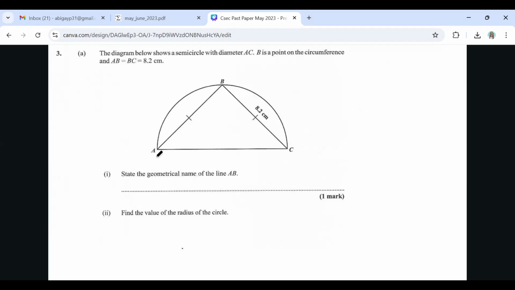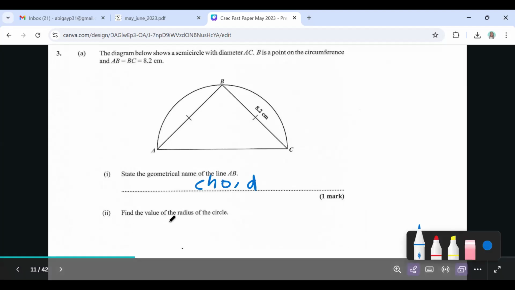So AB is right here, A to B, and this is a semicircle. AB is not coming from the center, so it is a chord. So AB is a chord.